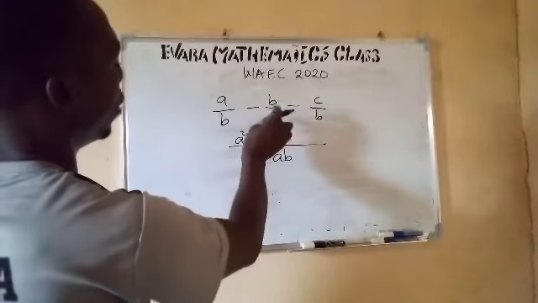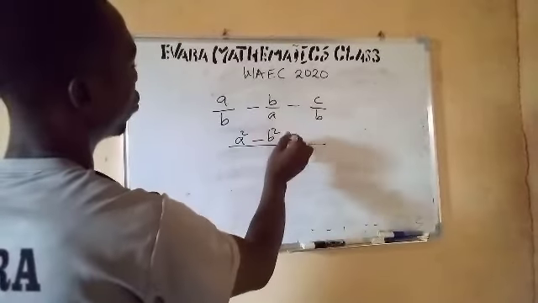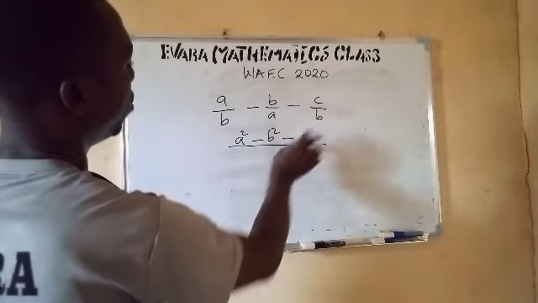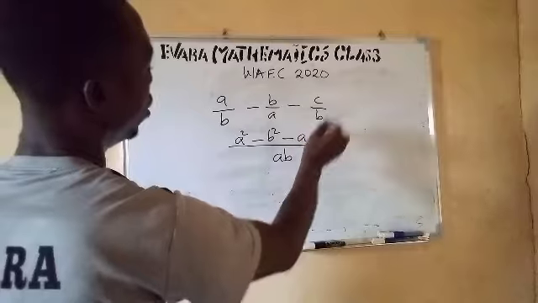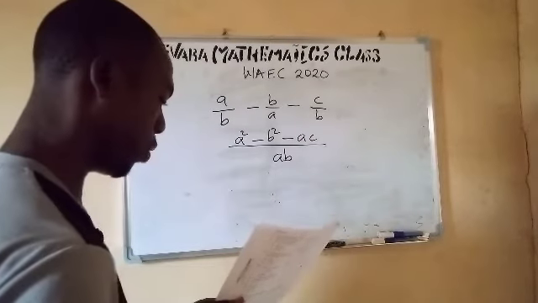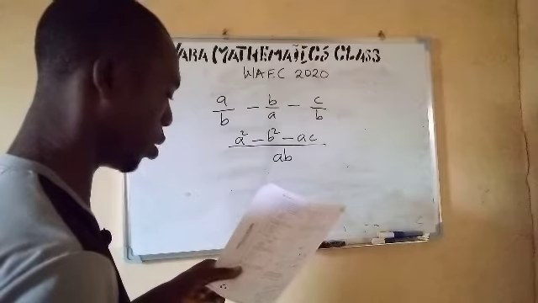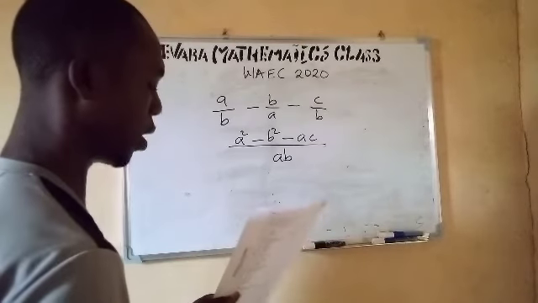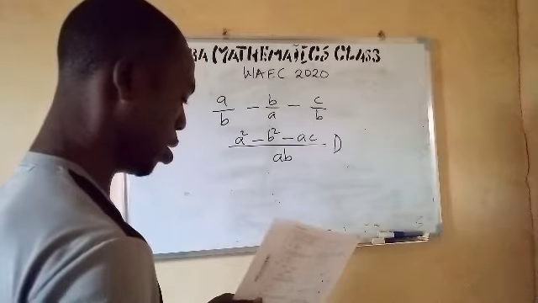If you divide ab by a, we are left with b, times b is b squared. If you divide ab by b, we have a times c, ac. So we have a squared minus b squared minus ac over ab, which is option D.